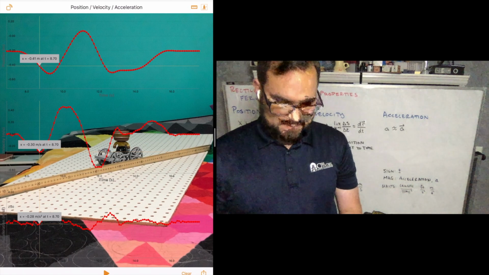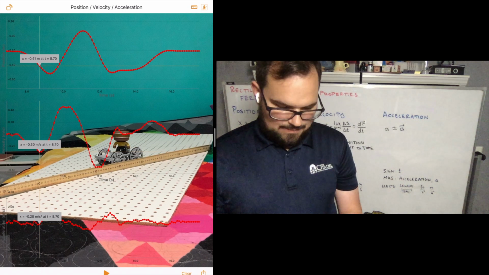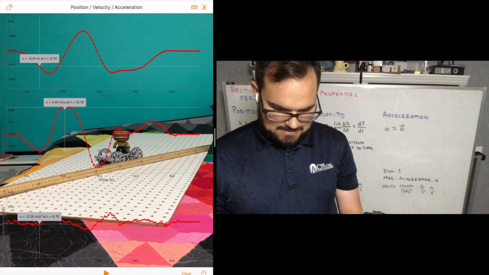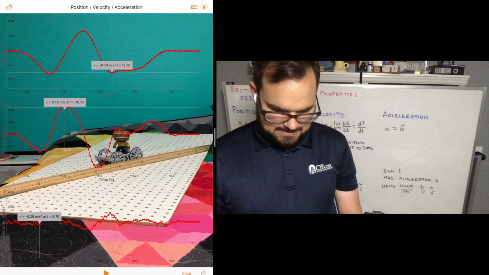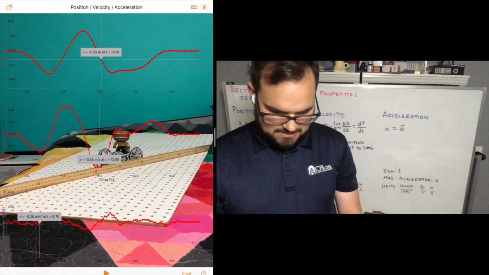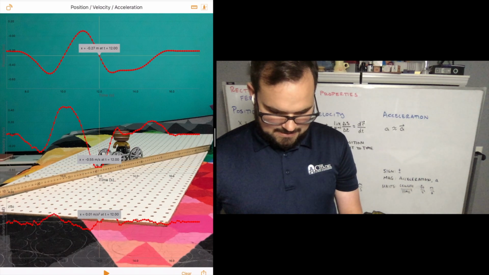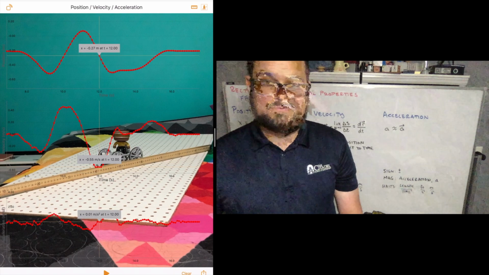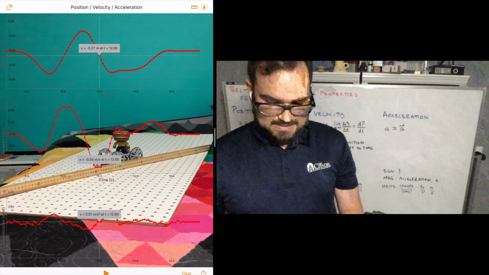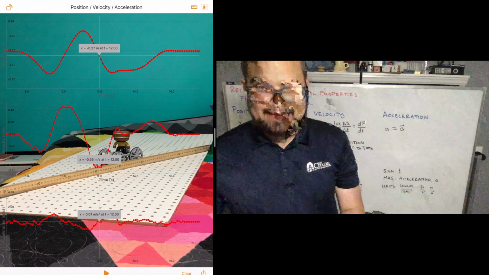So again, let's look at this peak in the velocity. We see that our acceleration is at an inflection point, roughly, and our position's an inflection point, and our acceleration's roughly at 0. So hopefully that gives you a good sense for that relationship.